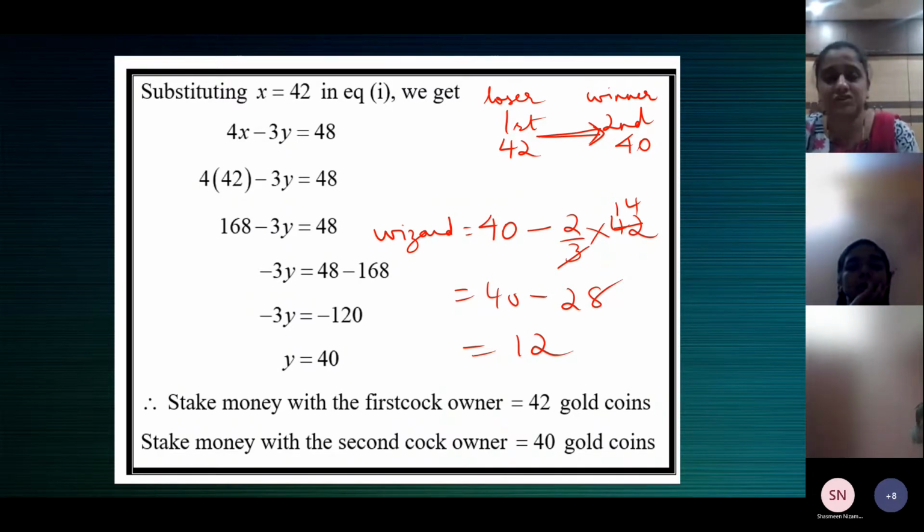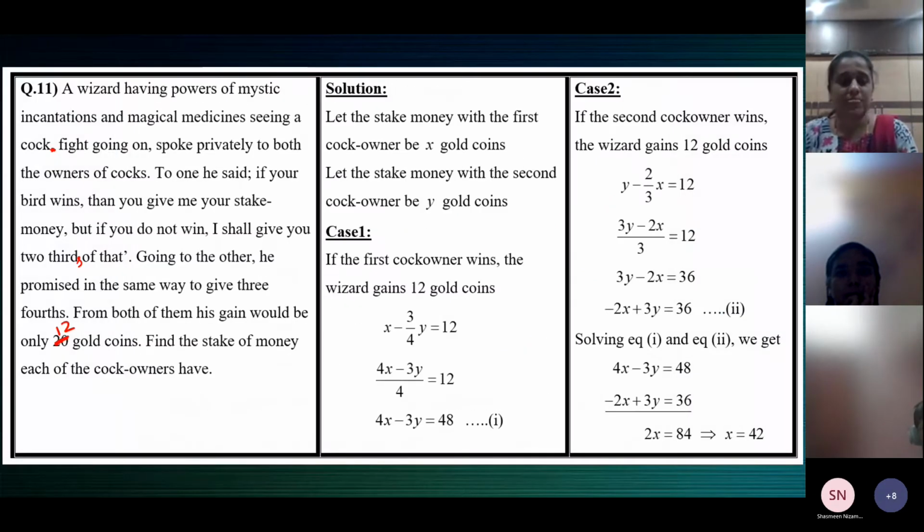So this is how the equations are constructed. The money the wizard receives from the winner minus the money which the wizard pays the loser is equal to the net gain of 12 gold coins. Maybe I'll write that here.